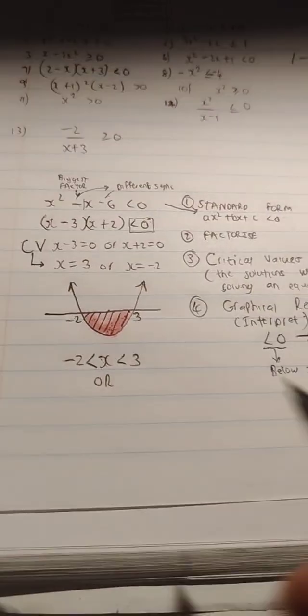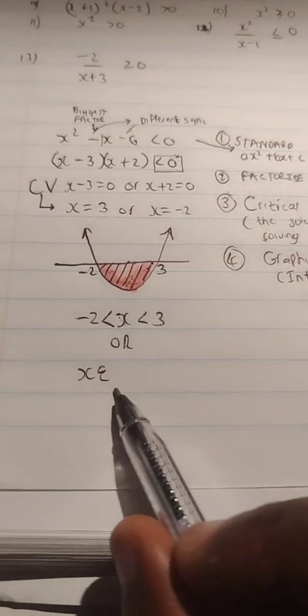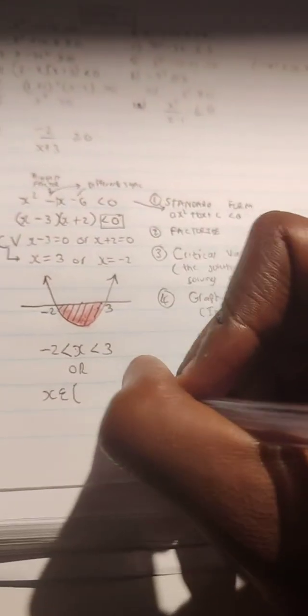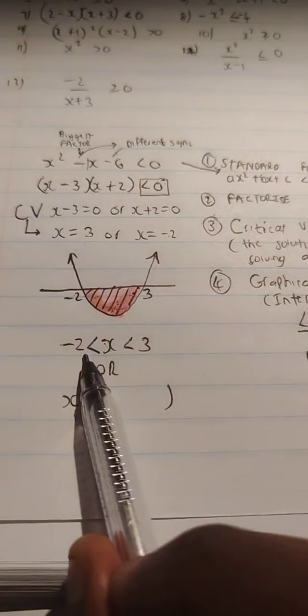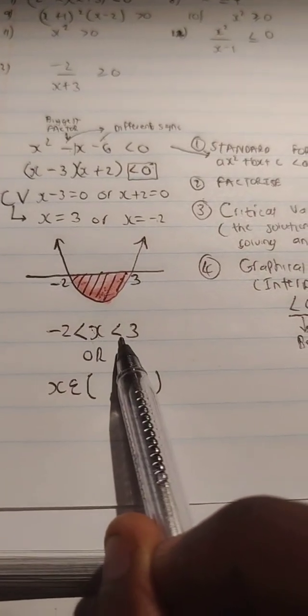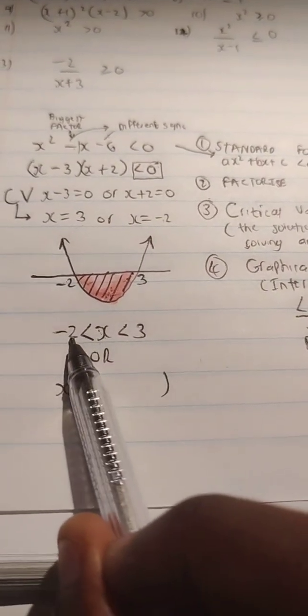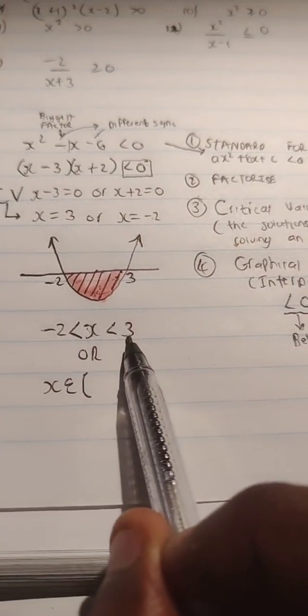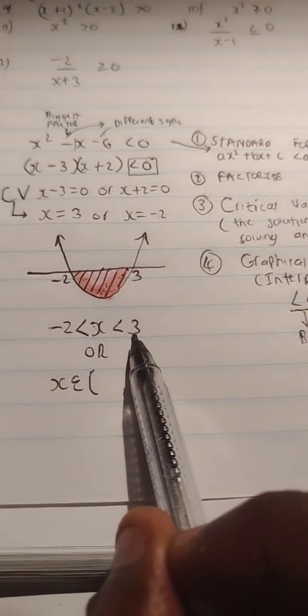Or if you want to write the answer in interval notation, you could say x is an element of, then use open brackets, because less than means that the -2 and the 3 are not included.